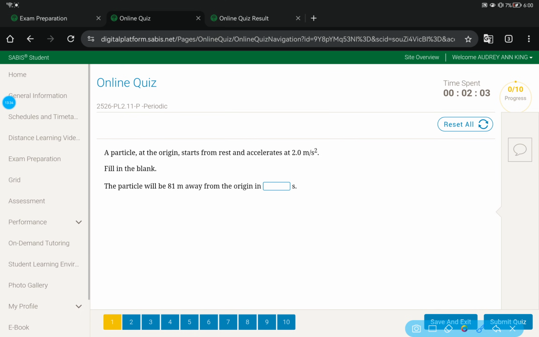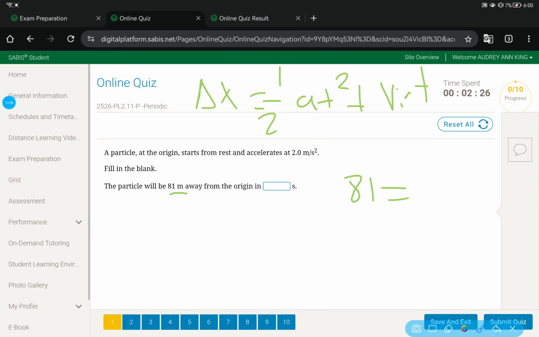So for this question, you're going to need to know the formula: displacement equals half of acceleration times time squared plus initial velocity times time. So replacing, you get 81 equals half of 2 times, we're going to call time h, squared, plus the velocity, which is 0 because it's at rest, times h.